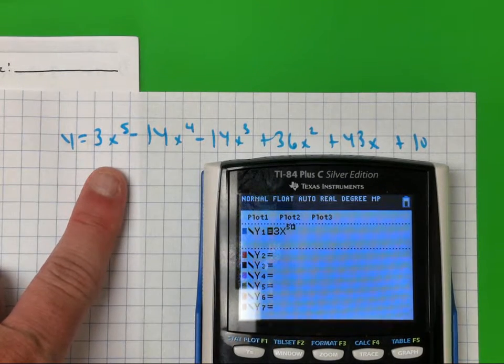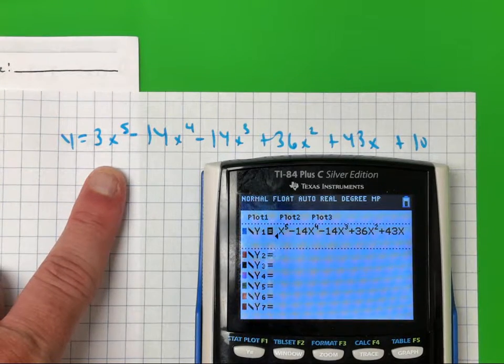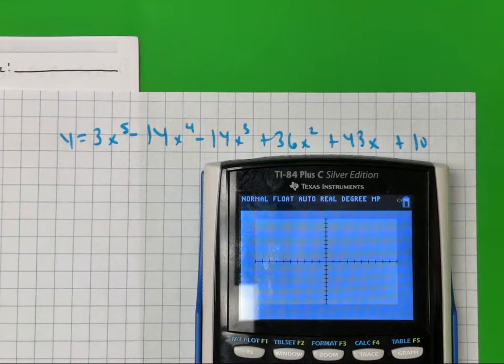3x to the 5th minus 14x to the 4th minus 14x cubed plus 36x squared plus 43x plus 10. I'm going to graph this.